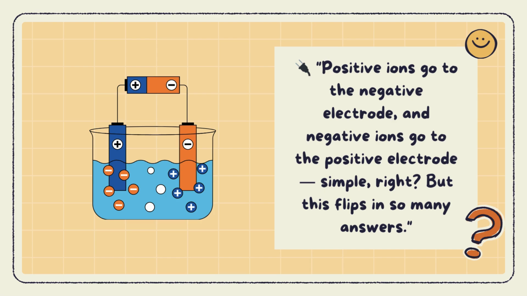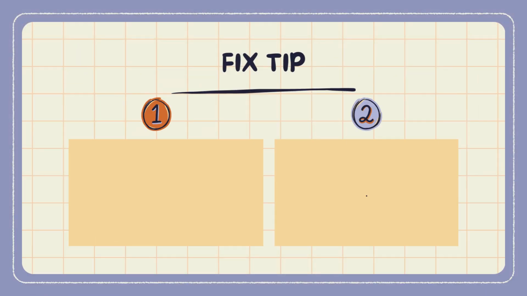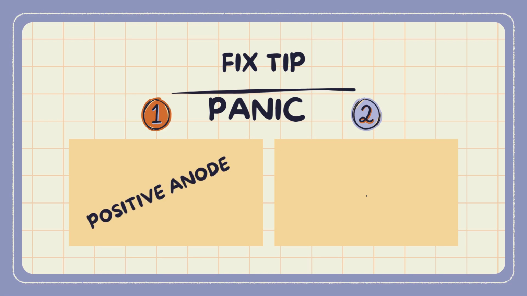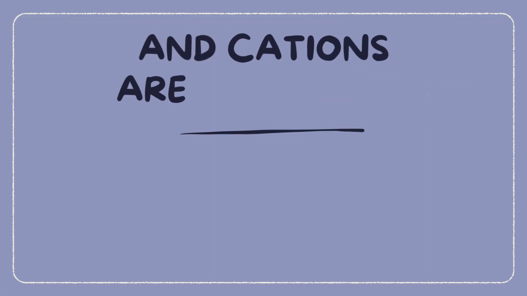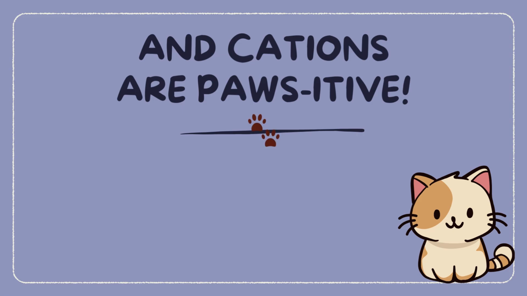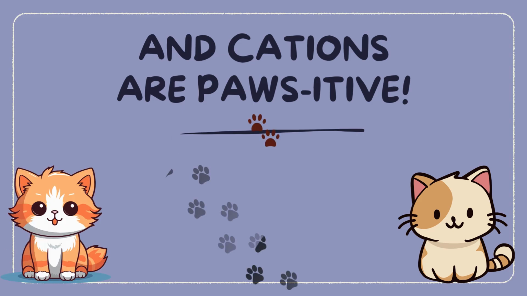So the tip is remember PANIC. Remember the word panic, P-A-N-I-C. Positive anode, negative is cathode, and the cations are positive. So remember PANIC.